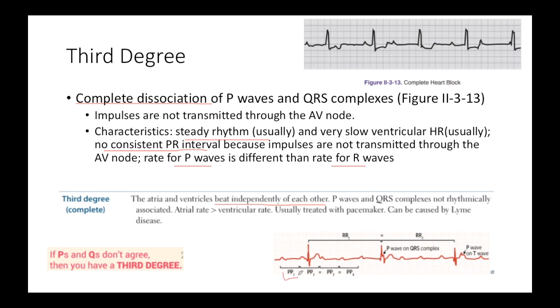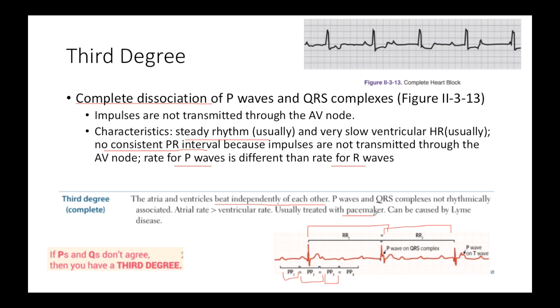So we have the atria firing at one rate and the ventricles firing at their own separate rate, not related to each other. And this is usually treated with a pacemaker as well.